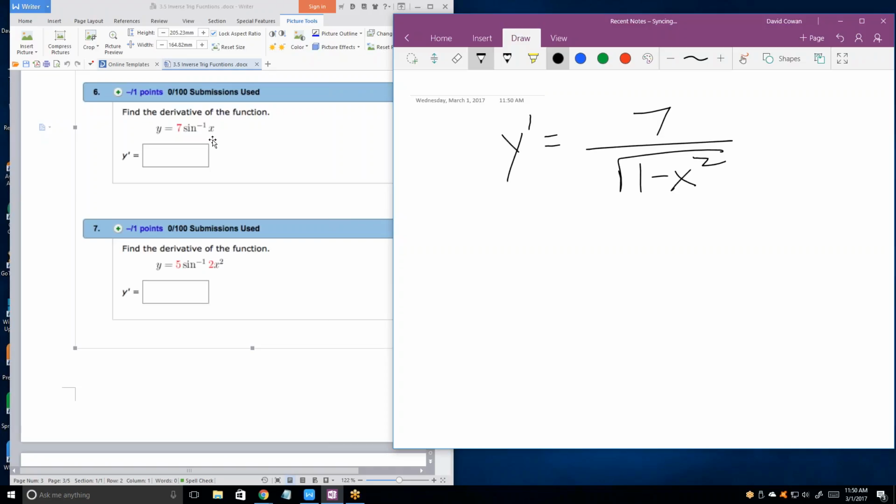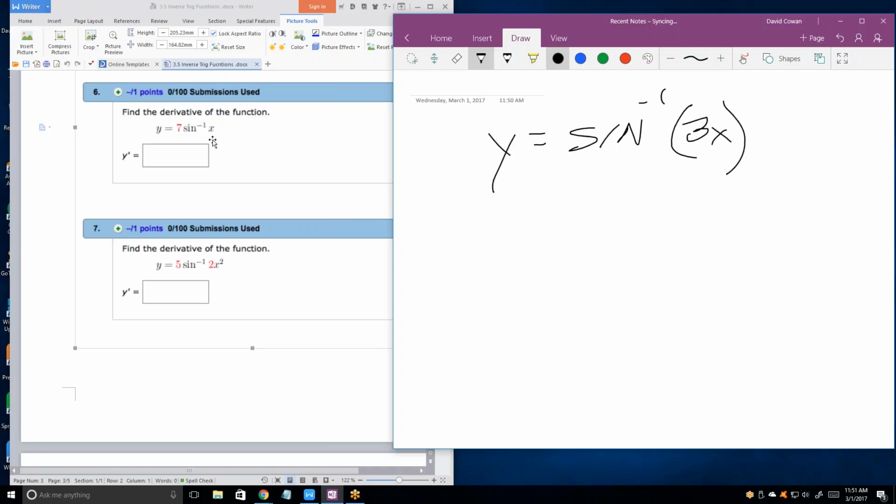All right, now let's take a harder one. If I have y equals the inverse sine, and it's not x, let's say it's 3x, well, now I have to apply the chain rule. The best way to think of the chain rule is with u substitution.